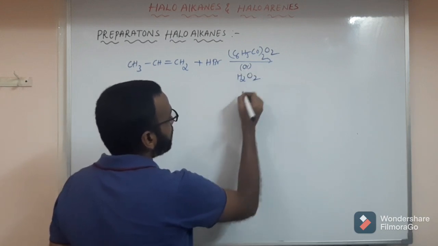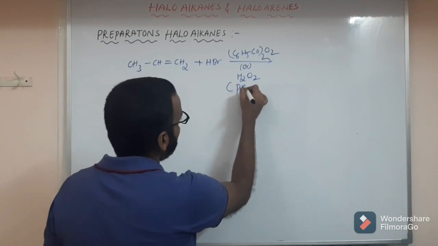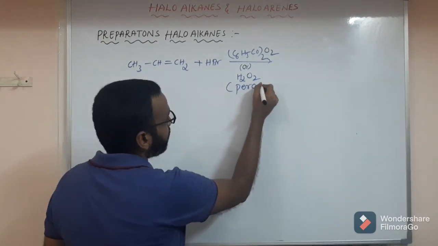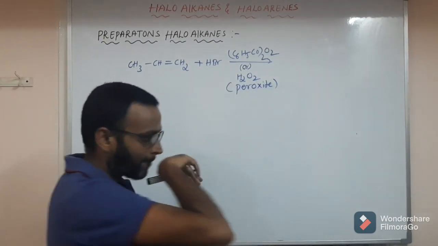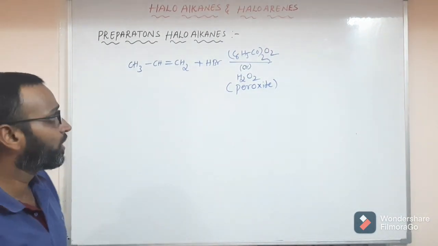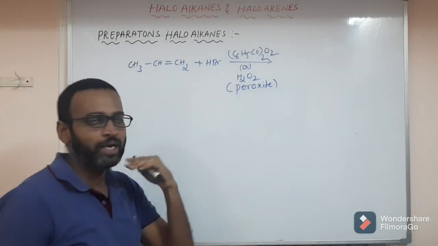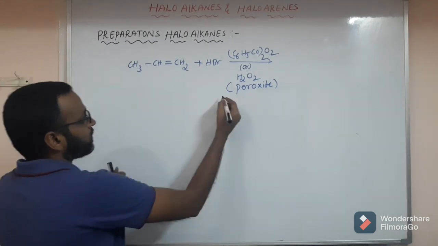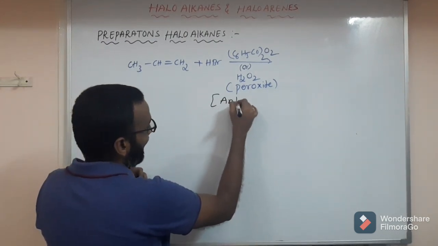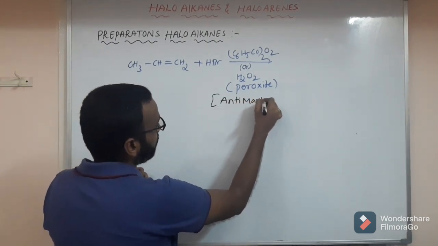Some people simply give peroxide on the arrow. If you have either benzoyl peroxide or hydrogen peroxide, this rule is what we call the Anti-Markovnikov rule.